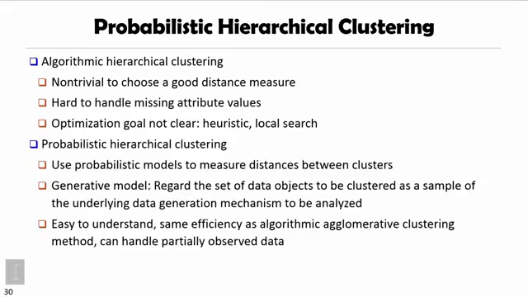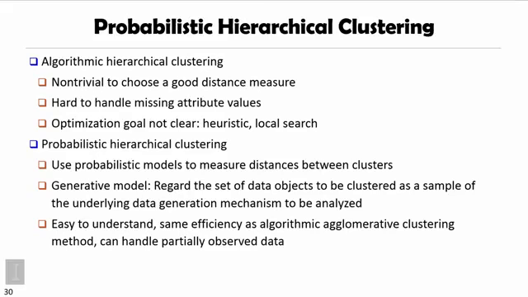Now there's another approach called probabilistic hierarchical clustering. This method essentially uses probabilistic models to measure distance between clusters. It is largely a generative model, meaning it regards the set of data objects to be clustered as a sample of the underlying data generation mechanism to be analyzed.